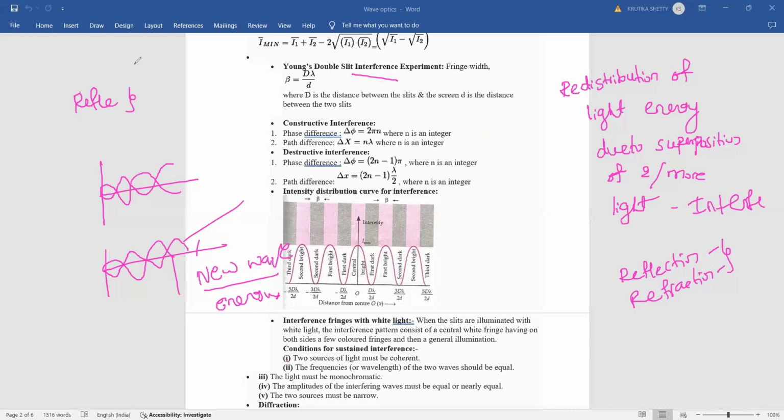Yes, understood or no? Interference of light. If you have not understood, you can tell. Yes. Okay.